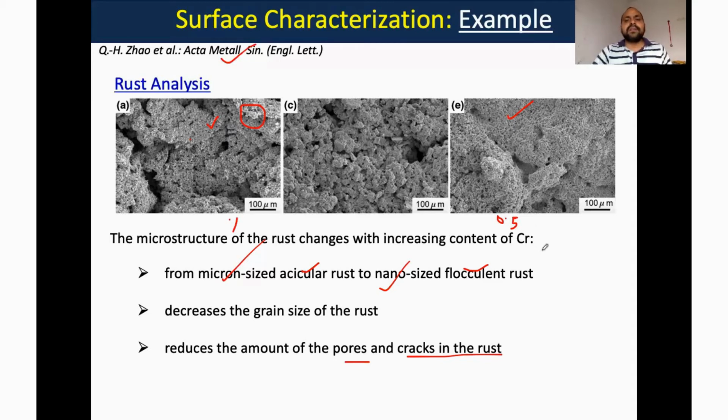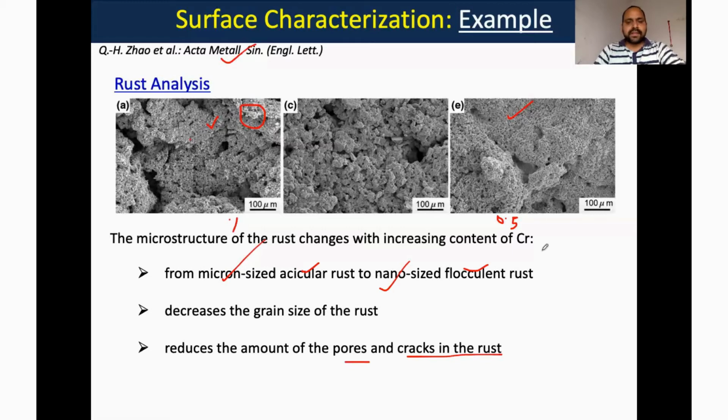So this was one analysis based on SEM, of the size of the rust, or you can say the byproduct of corrosion when the material is exposed to an environment such as gas as well as vapor. Similarly, there is a change in the morphology of this rust material, along with pore and crack formation. This is quite sufficient information that has been analyzed using just SEM.